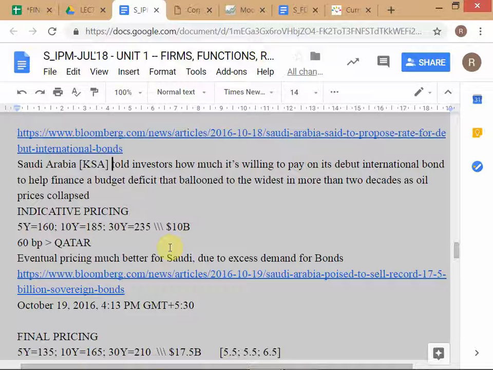What does that mean? All discussion is in terms of basis points. 350 over means 350 basis points over comparable 10-year treasuries. So the final issuance of the bond is at a YTM of 350 basis points above the comparable treasury for that maturity.